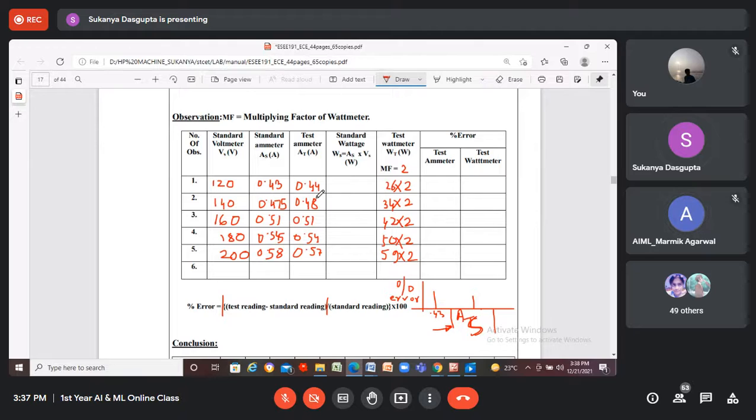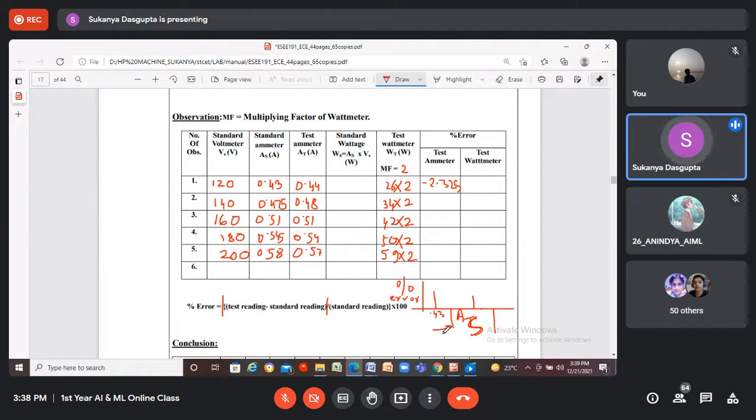0.43 minus 0.44 divided by 0.43 into 100 gives 2.325, minus.